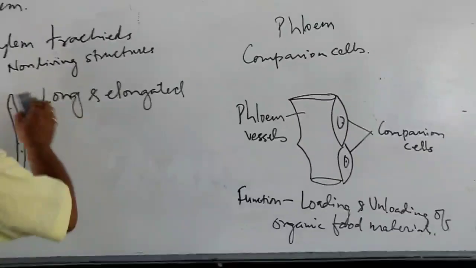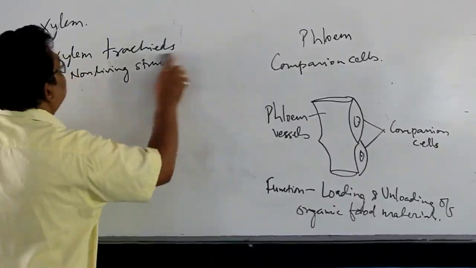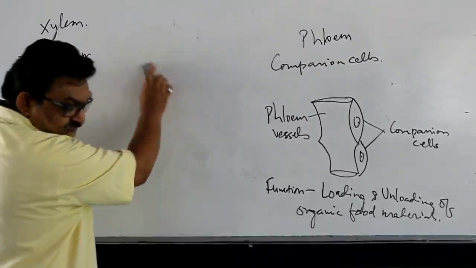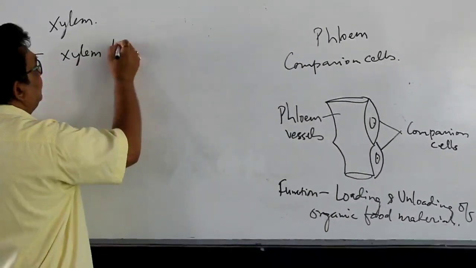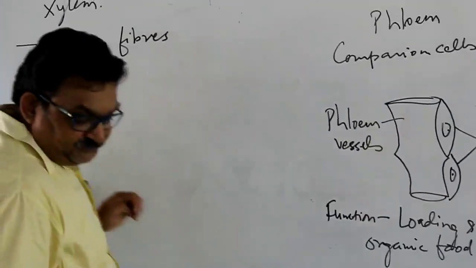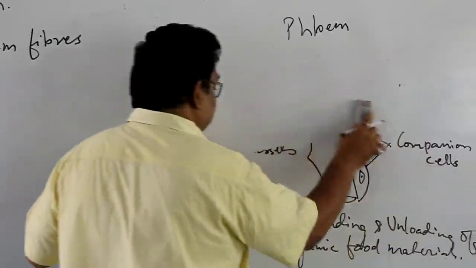Let us see the third type of cell in both the categories. Xylem fibers. And here you have the phloem fibers.